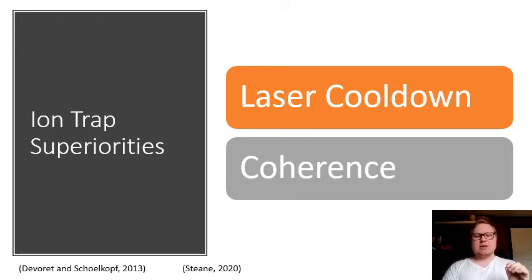But because the ion trap utilizes particles, they can use a trick where they fire photons to collide with the ions vibrating in such a way that when they crash, the momentum of the collision is conserved, and therefore the vibrational energy of the ion is decreased.